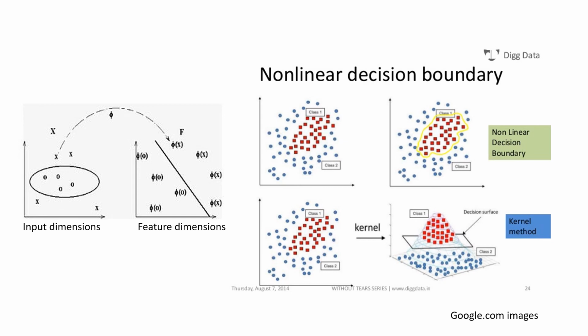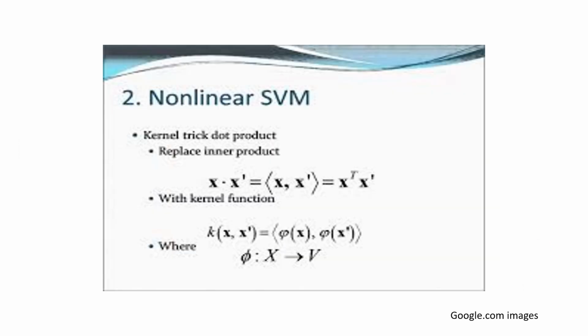So again, one more slide here. The kernel trick is basically this: the original data space X is your original input data space of variables or attributes. There is mathematics that helps us do that.